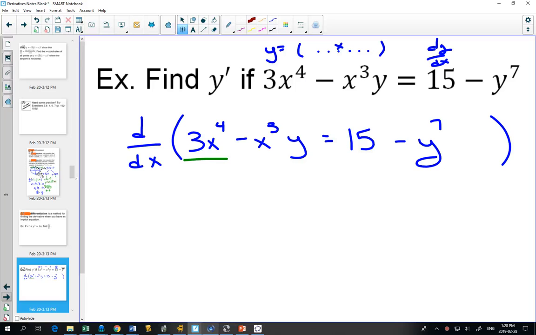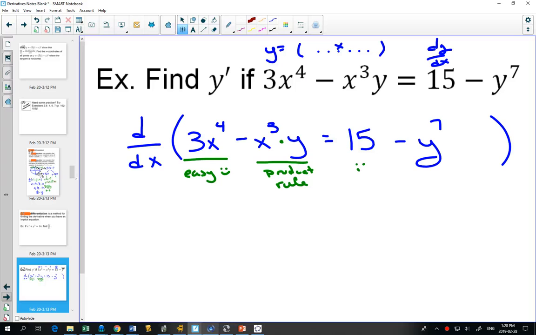I'm just going to make some notes about each thing. This is going to be easy. I'm going to put a little smiley face, because that's easy to do the derivative. This is going to be a product rule because you have an x cubed times a y, and y is some big thing with x that we don't know what it looks like.